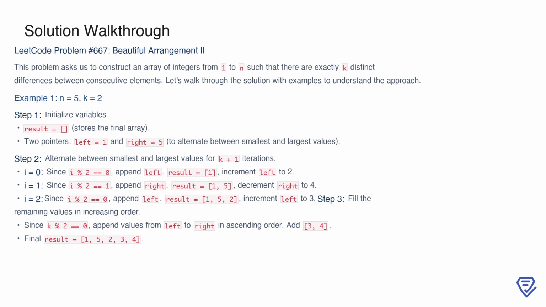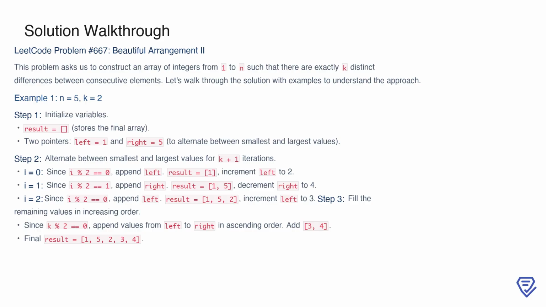For instance, with n equal to 5 and k equal to 2, we initialize an empty result array and use two pointers, left and right, set to 1 and 5 respectively. Starting with the smallest value, we alternate between appending the value at the left pointer and the right pointer. For the first few iterations, the result becomes 1, then 1, 5, and finally 1, 5, 2, as we increment the left pointer and decrement the right pointer accordingly.